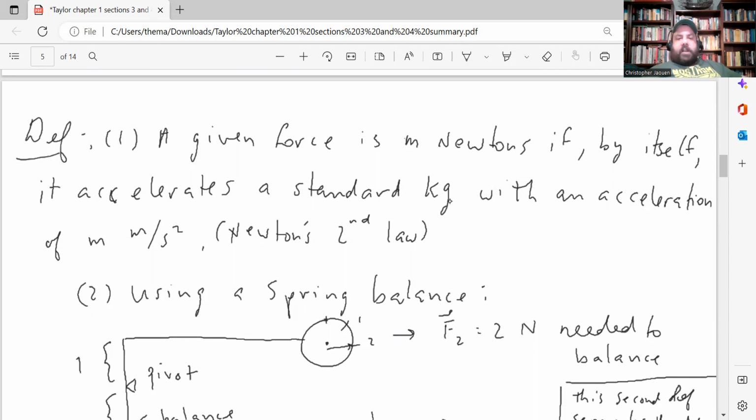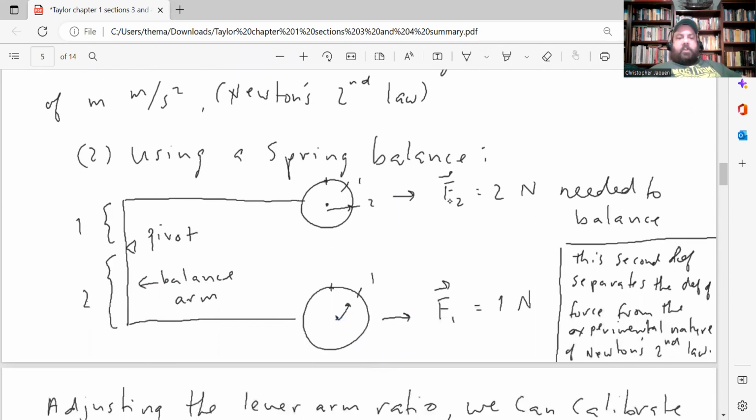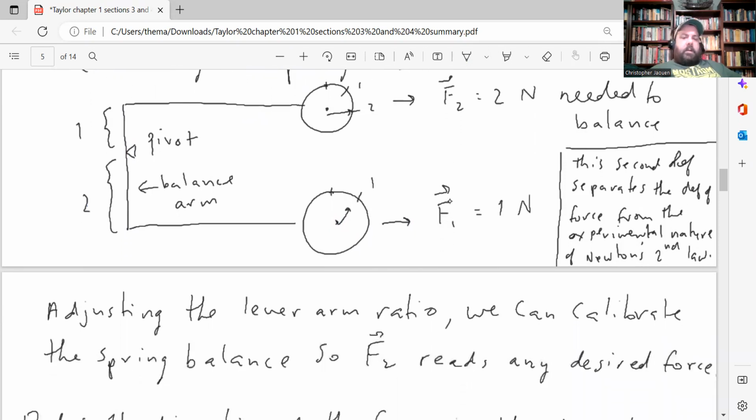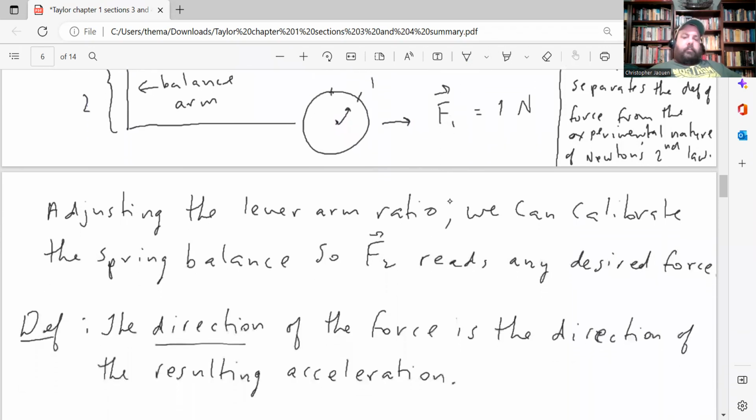If you use the second definition, then Newton's second law is an experimental fact. All right. And here, as I just said, by adjusting the lever arm ratio, we can calibrate the spring balance to read any desired force, right?